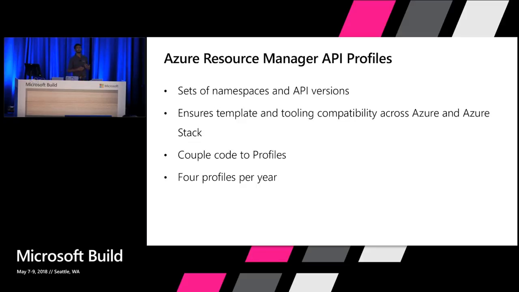We're working to make sure that all of our tooling, be it command line, scripting, or SDKs, can accept a profile and then automatically version the SDKs and the requests they use to match that. Developers should start coupling their code to profiles rather than different SDK versions or API versions. We release 4 profiles per year.